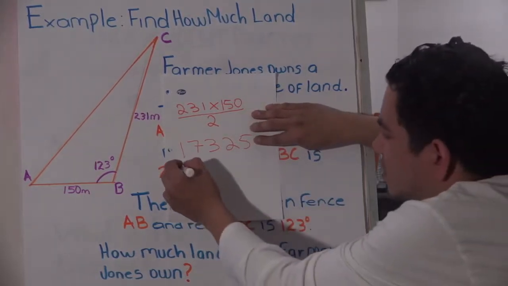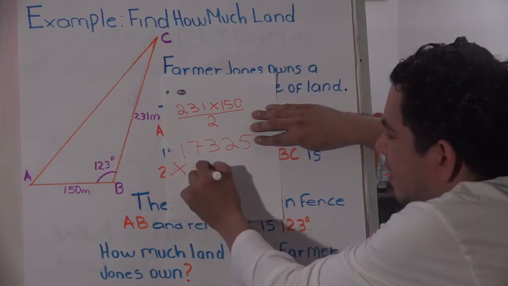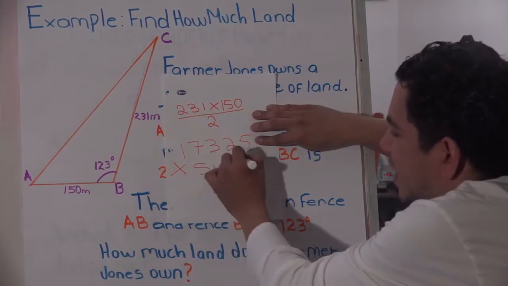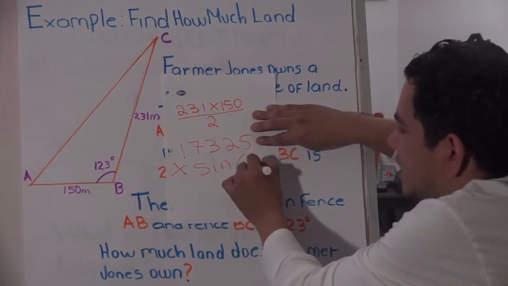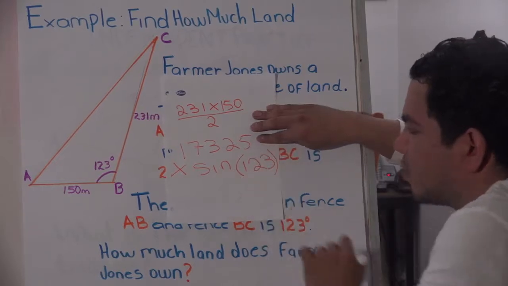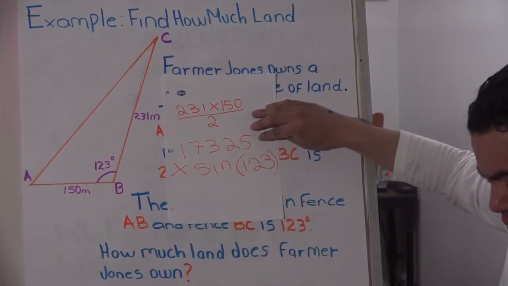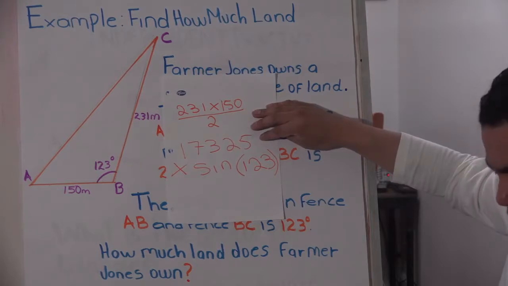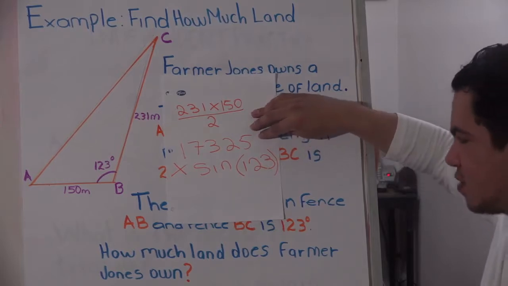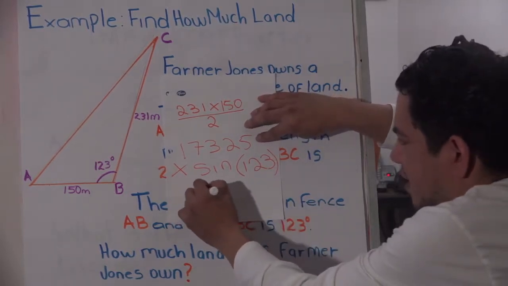What am I going to do with this number? I am going to multiply it by the sine of the included angle, which in this case is 123. And I get 14,529.